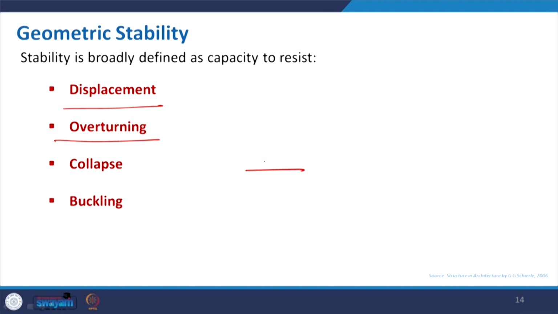If it is not stable, say for example, instead of putting my hand, here it is placed like this, already tilted. So, with minimum force applied to it, it will overturn. And buckling, I have already shown you, when you put pressure, how it will get this particular bend, and then finally it may collapse.